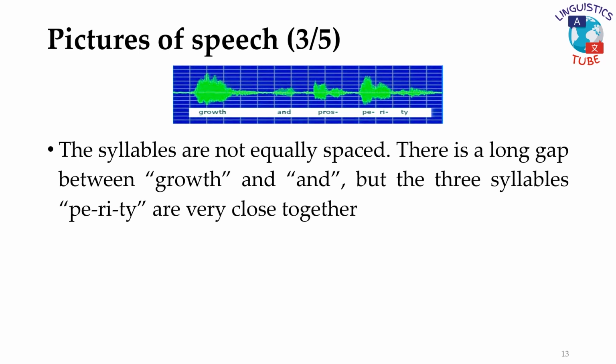There is a long gap between growth and pros, but the 3 syllables pe, ri, ti are very close together. This is a great example of English rhythm. Remember that, in English rhythm, some syllables are stressed, whereas others are unstressed. Also, some syllables have large gaps between them, whereas others do not.